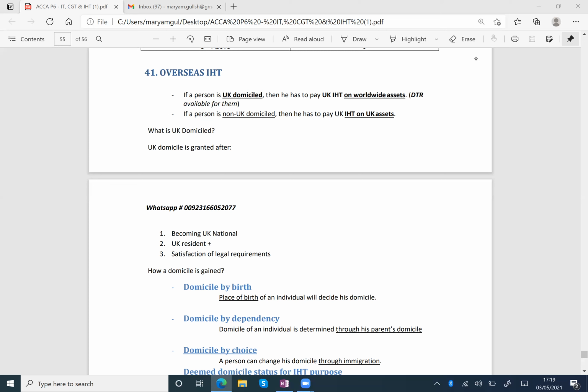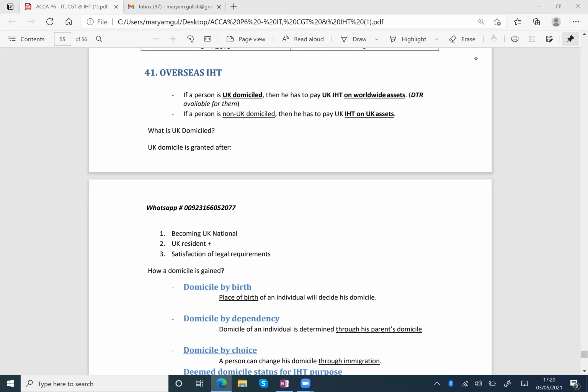And second point, if a person is non-UK domiciled, just like us, we are non-UK domiciled, then he has to pay UK IHT on UK assets only. So these 2 points are very important. If you are UK domicile, then you have to pay UK IHT on worldwide assets. And if you are non-UK domicile, then you only have to pay UK IHT on UK assets.